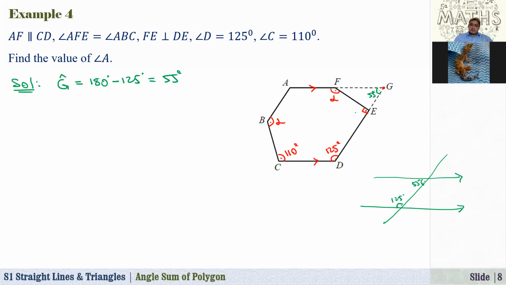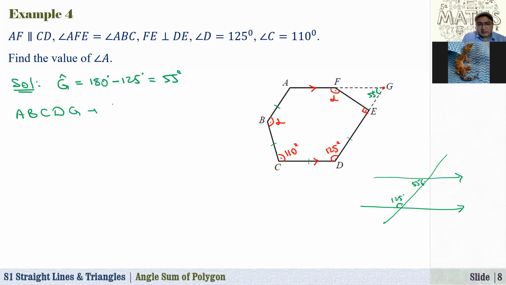Now from here, A, B, C, D, and G, right? How many sides? 1, 2, 3, 4, 5. It's a pentagon. So if you look at this polygon A, B, C, D, G, it is a pentagon.